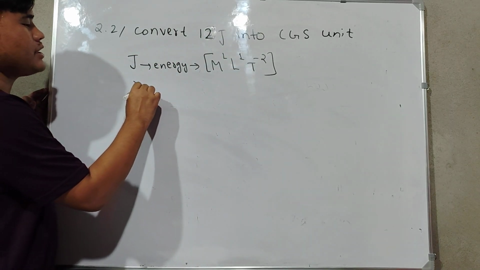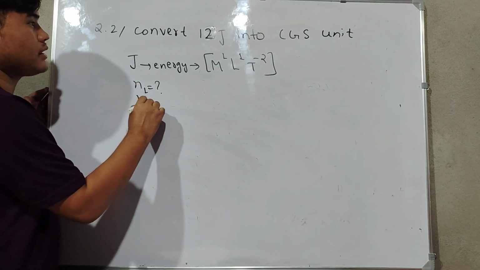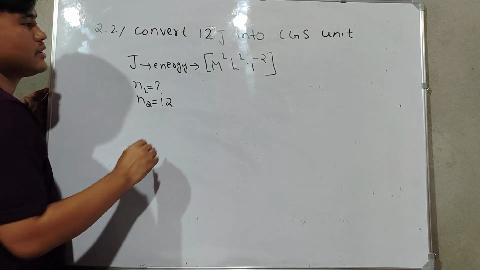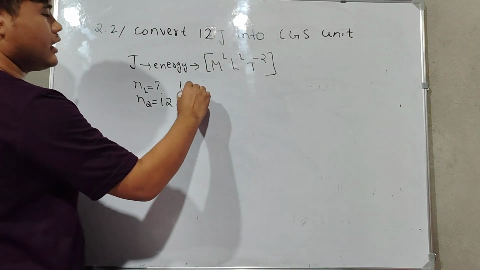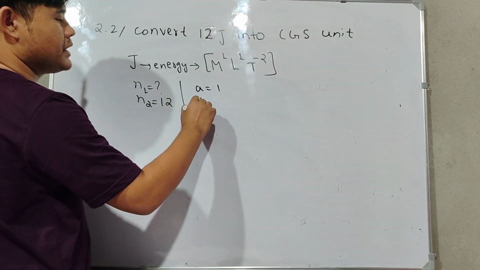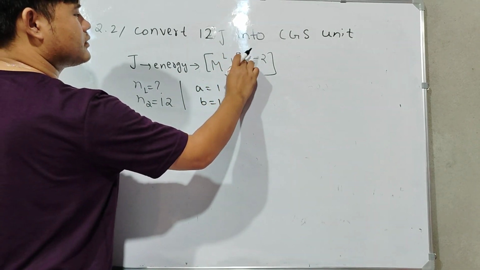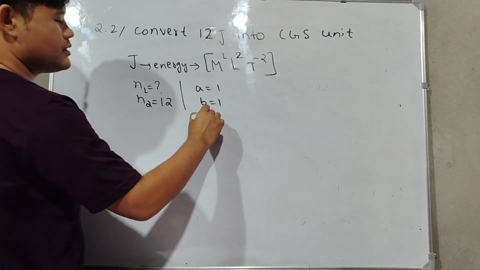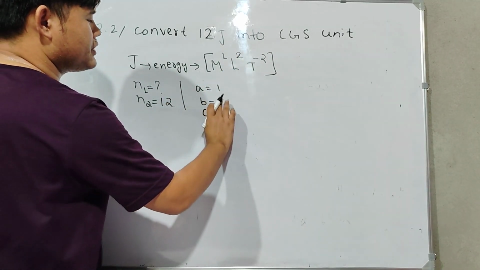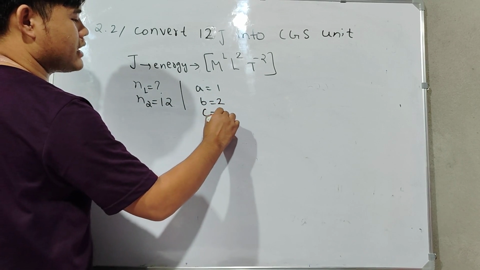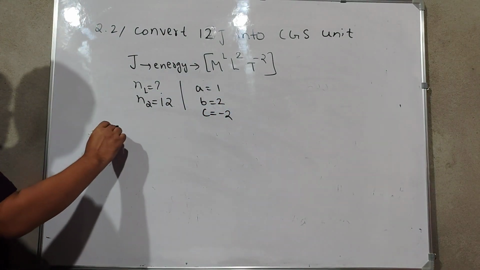Here N1 is given 12, and we have to find N2. Now we got a is equal to 1, b is equal to 1. Okay, for energy it is L2, not L1. So b is equal to 2 and c is equal to minus 2. Now we will put in the formula.